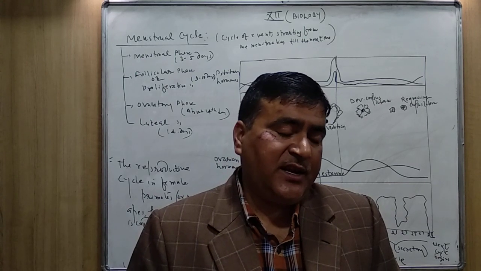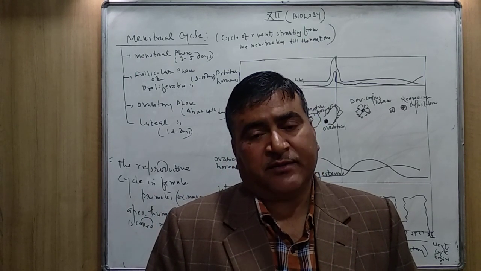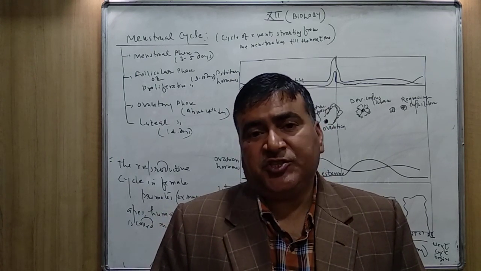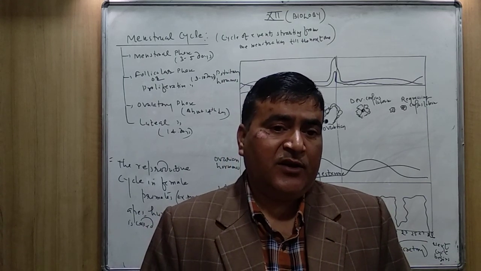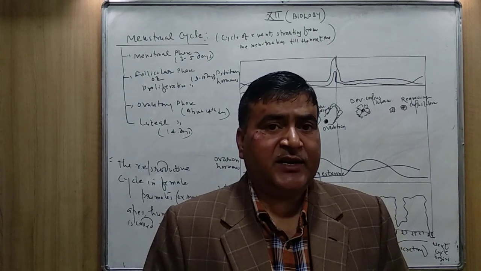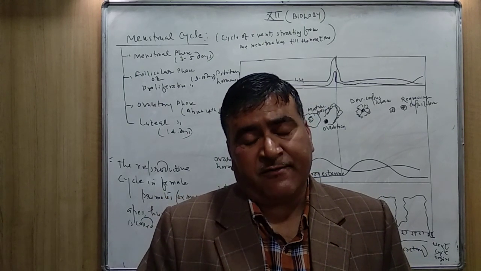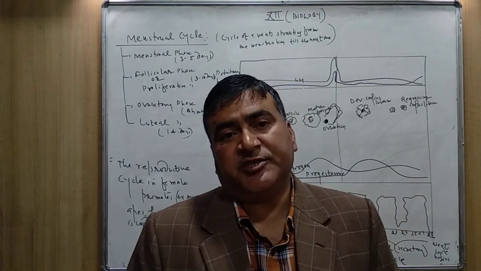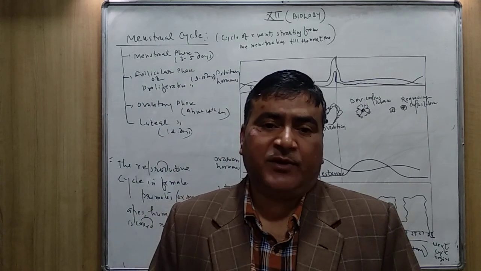It takes place nearly at the age of 12 to 13 years in a human female, and the menstrual cycle stops permanently at the age of 50 to 55. The permanent cessation of the menstrual cycle in a human female is called menopause.